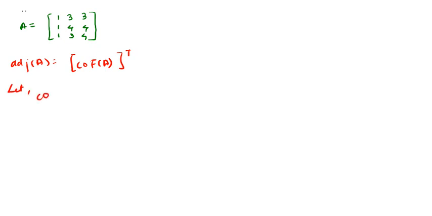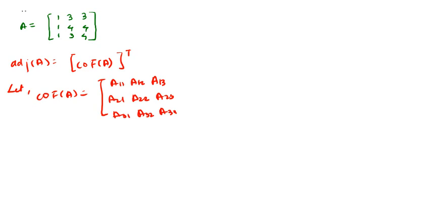Let the cofactor matrix of A be A11, A12, A13, A21, A22, A23, A31, A32, A33. Now find every entry one by one, where Aij is -1 raised to i plus j into Mij.